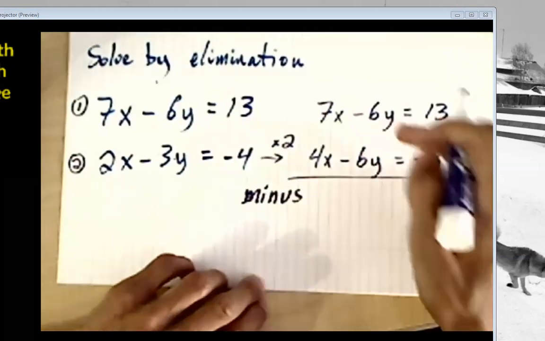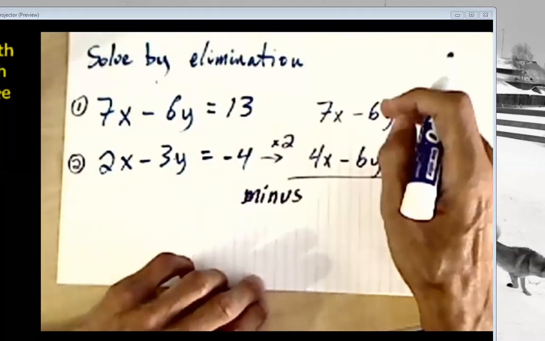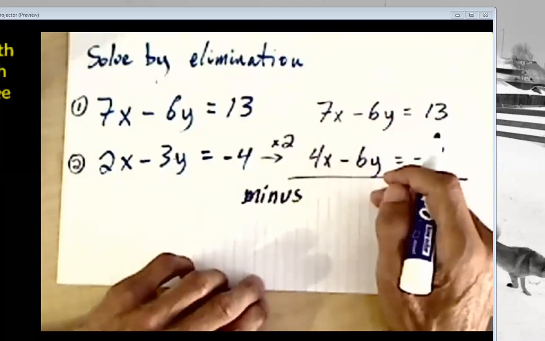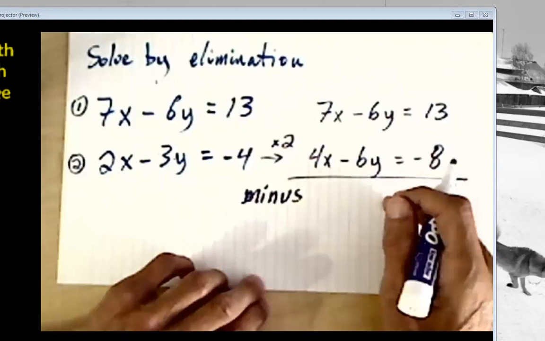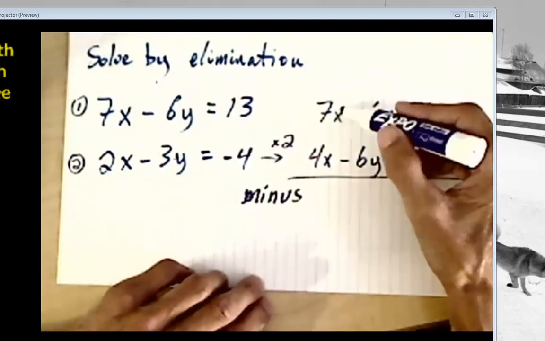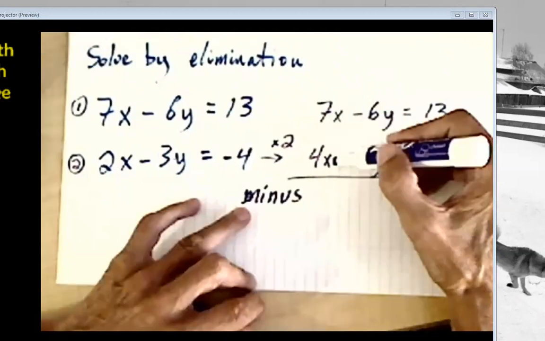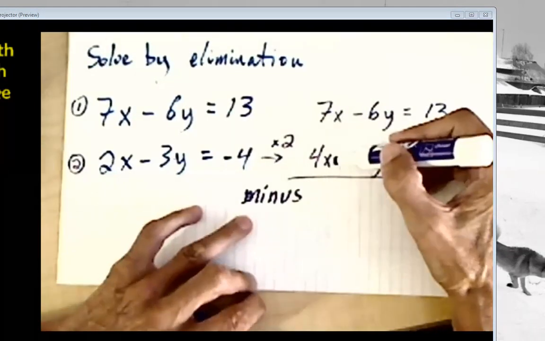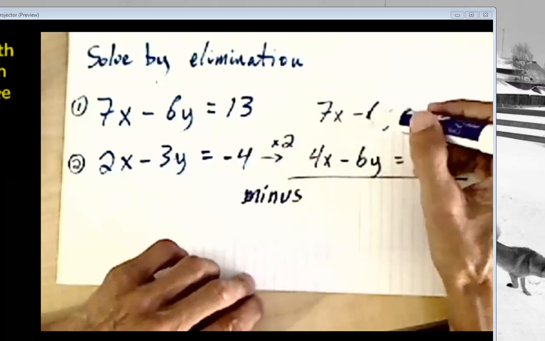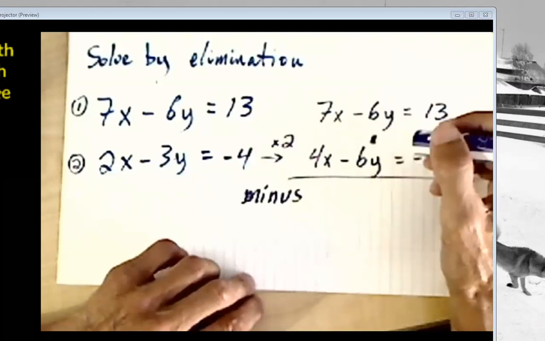Because if you add them, it's like the t-shirt. $6 off, then another 6 ends up being minus 12, right? That's not helpful. Subtracting though, this is good. So 7x minus 4x, what do we get? 3x. From class, you do subtract when they are the same sign. When they're opposite, then you add with one another.